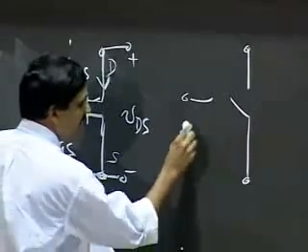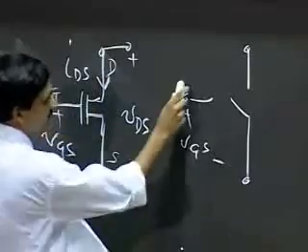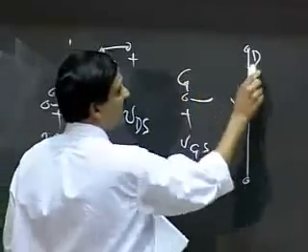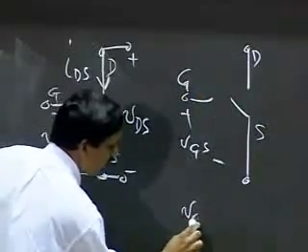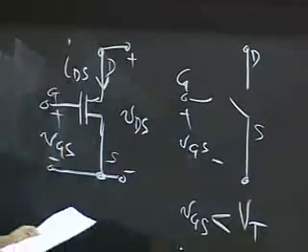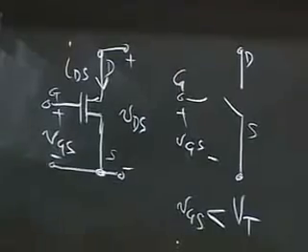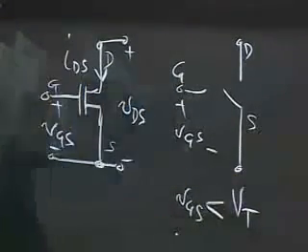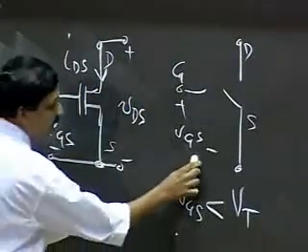With VGS, gate, drain, and source: when VGS was less than a threshold voltage VT, this MOSFET had an equivalent circuit that looked like this.